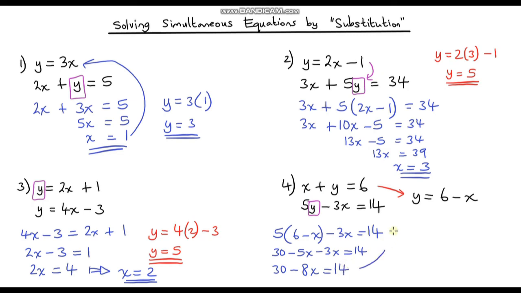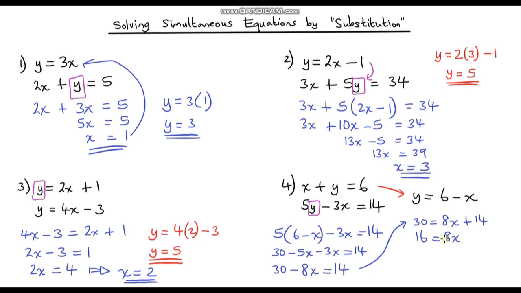Let's move up here to give ourselves a bit of room. Let's get the x's on the right hand side just so they're positive. If I add 8x to both sides, I'm now left with 30 is equal to 8x plus 14. Now if we get rid of this 14 from both sides, we're left with 16 equals 8x.